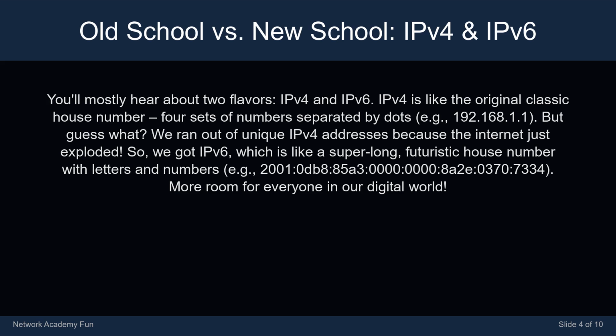So, we got IPv6, which is like a super long, futuristic house number with letters and numbers. E.g., 2001:0DB8:85A3:0000:0000:8A2E:0370:7334. More room for everyone in our digital world.